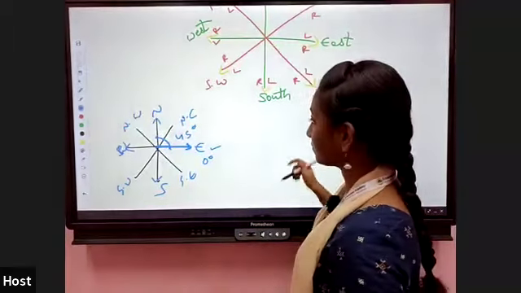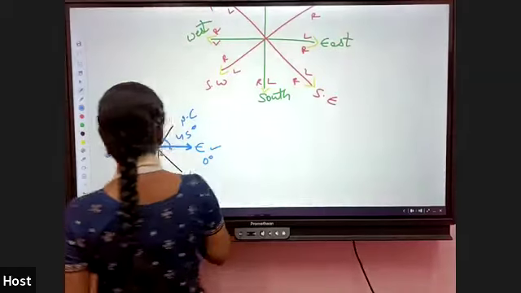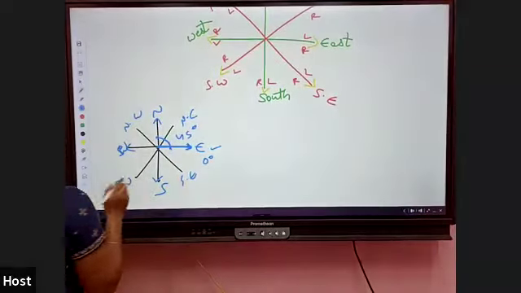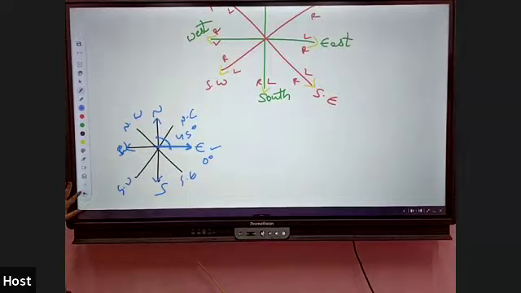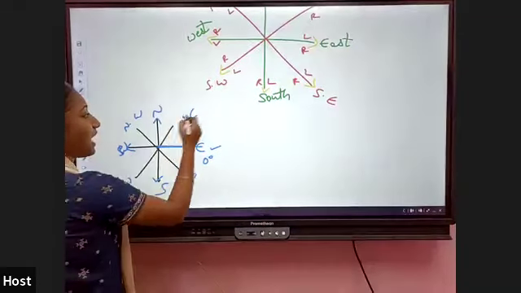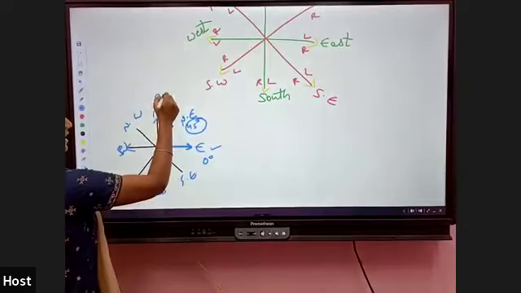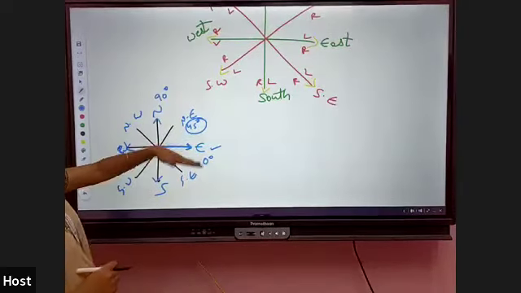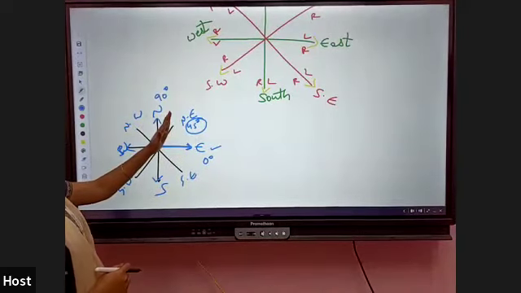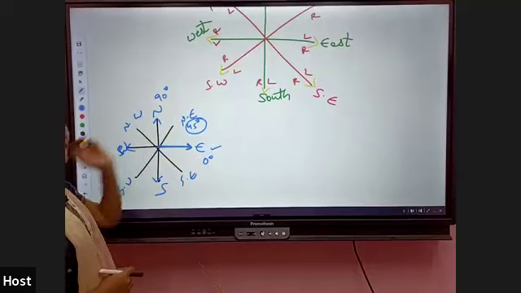So here we should know that this is 0 degree and this is 45 degrees. This is 90 degrees. How is it 90? From 0 we are taking. Here to here is 45 degrees. Here to here is 90 degrees.